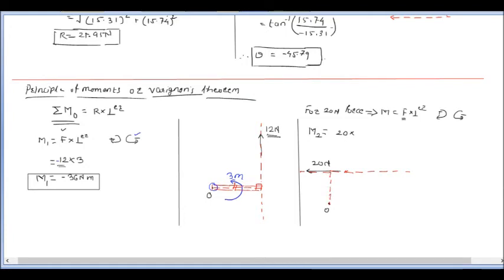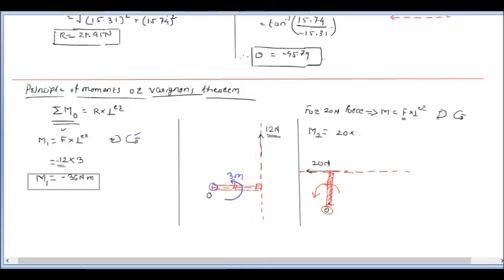Now this is my perpendicular distance, which you can consider as one link, as we generally do. So point O is fixed here also, and because of this 20 Newton force this link will try to rotate in this direction, that is anti-clockwise.